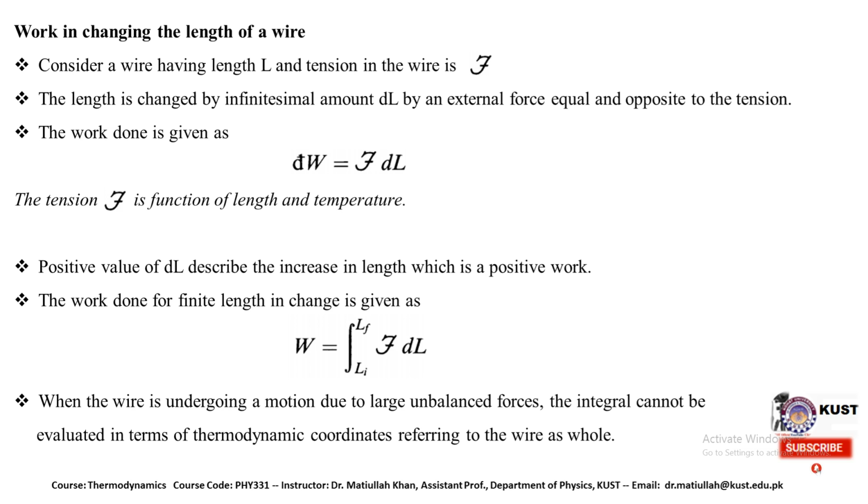We need to refer to the whole wire in that particular system. So this is the work done in bringing the system from the initial to the final position, or changing the length from Li to Lf, equal to the integration of tau dl.